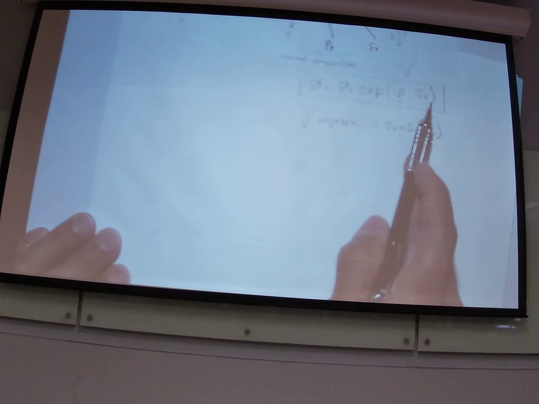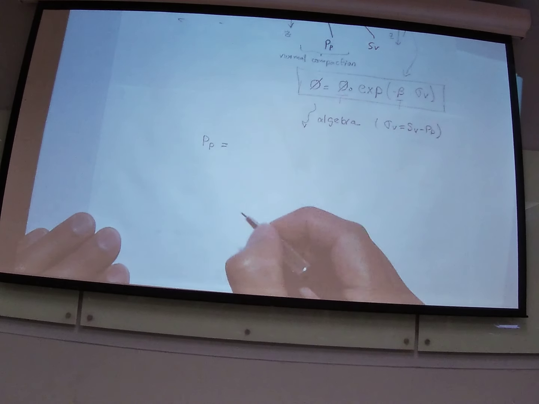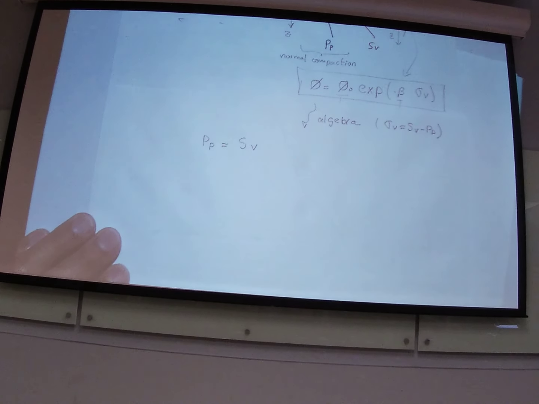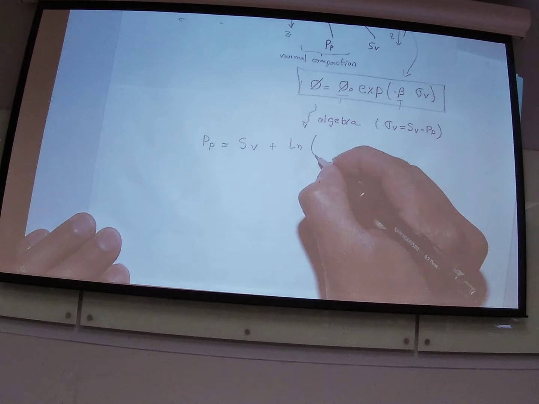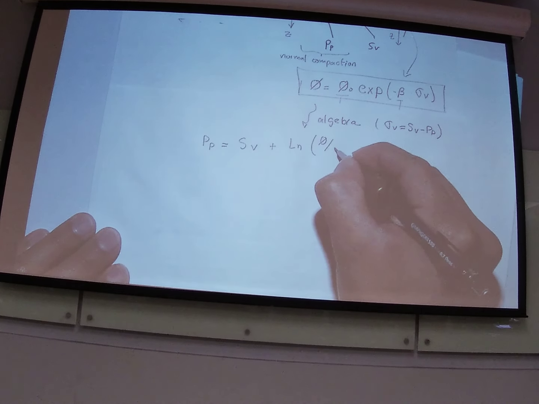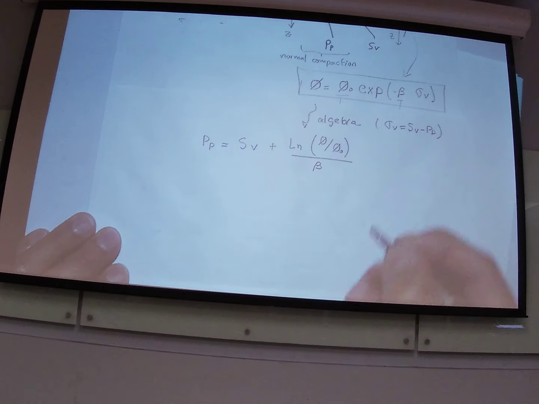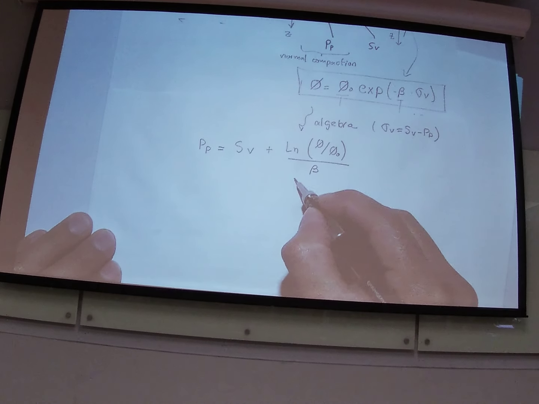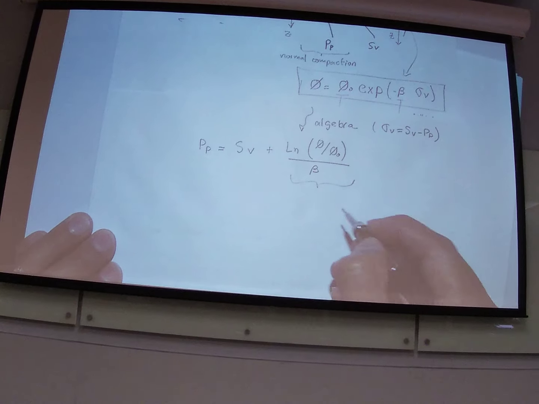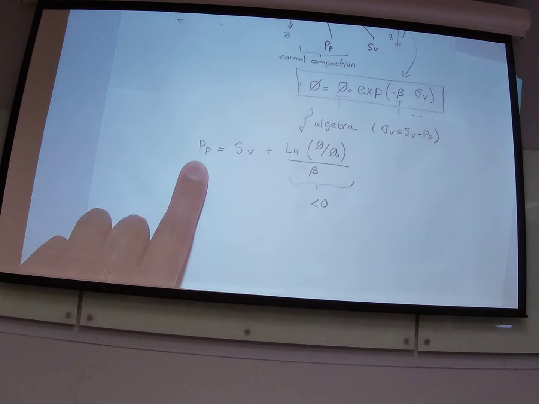So you put this one in there, replace it there, move things around, and you will find out that pore pressure is going to be equal to SV, which is a known quantity, plus the natural logarithm of porosity divided by reference porosity, divided by beta. This amount is going to be a negative number. So always the pore pressure is going to be a positive number.